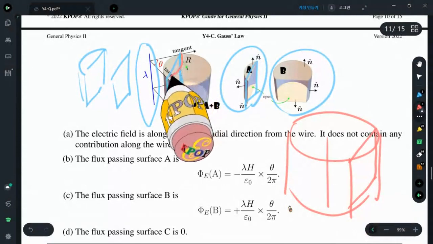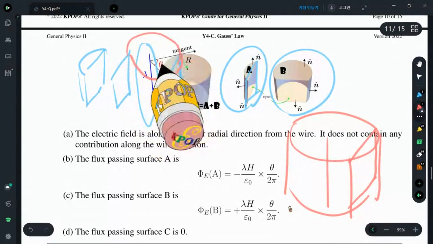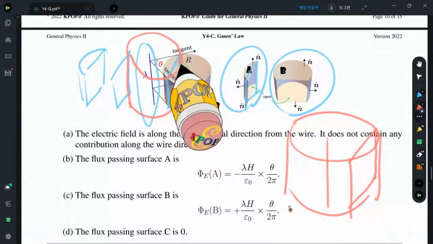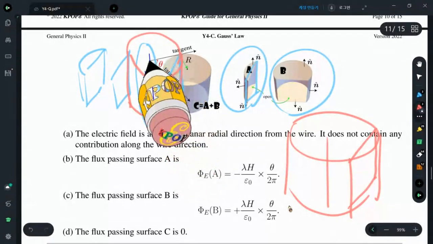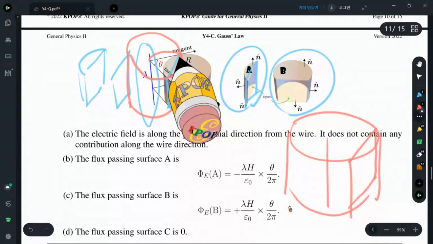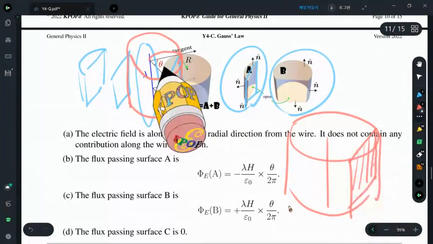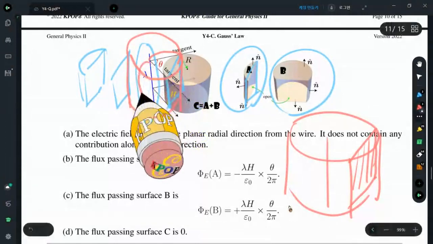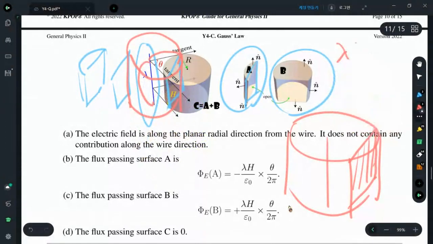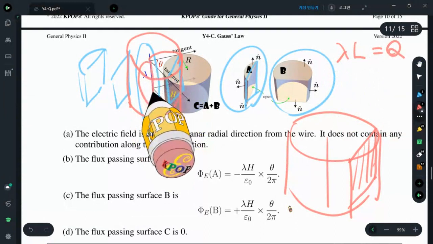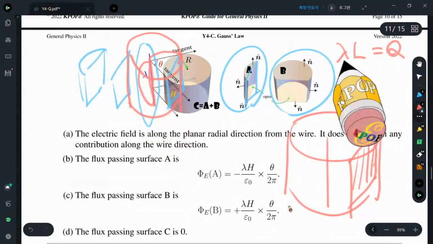We can draw a cylinder with some radius, tangent to this. And then for the electric field flux, lambda times L is the charge Q contained inside.